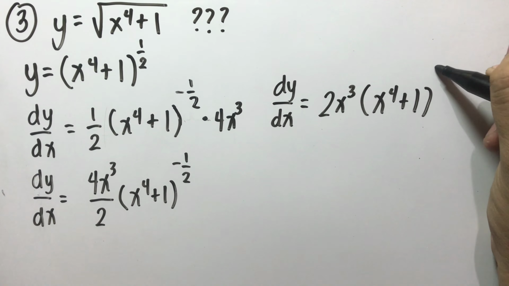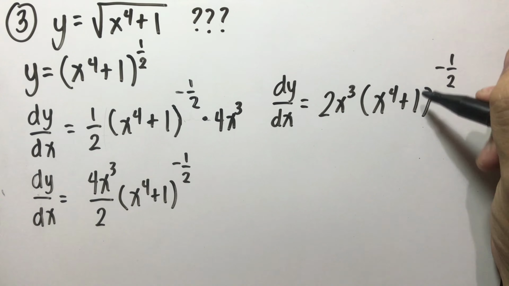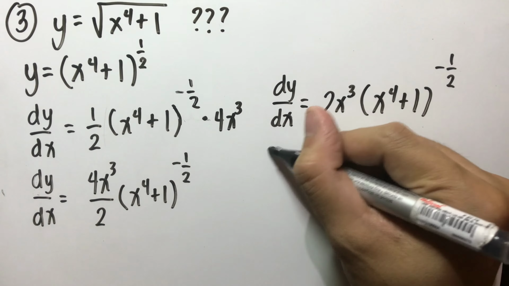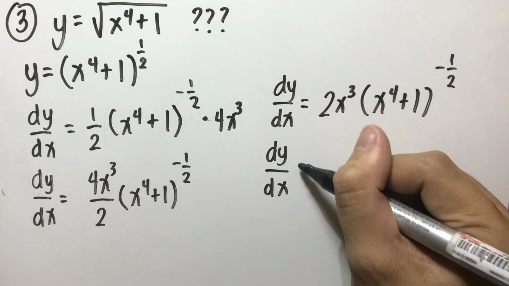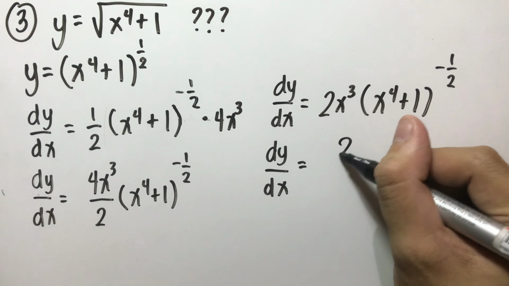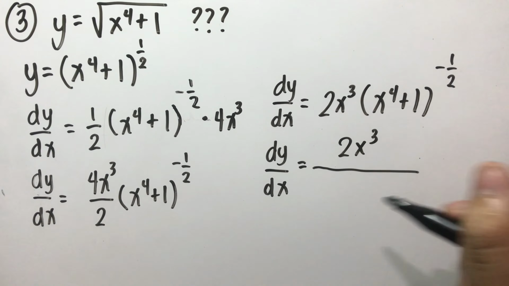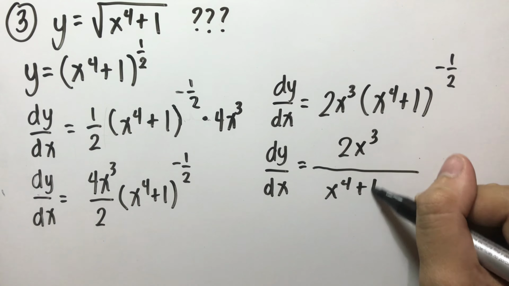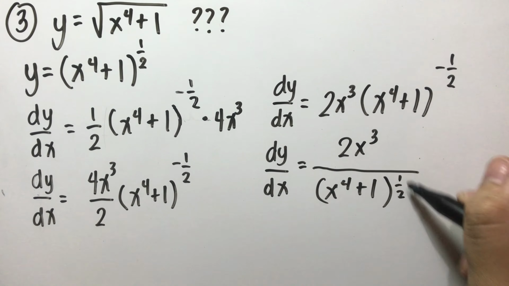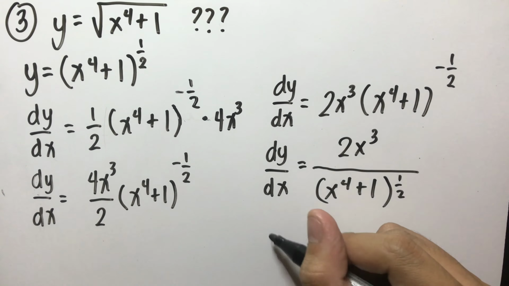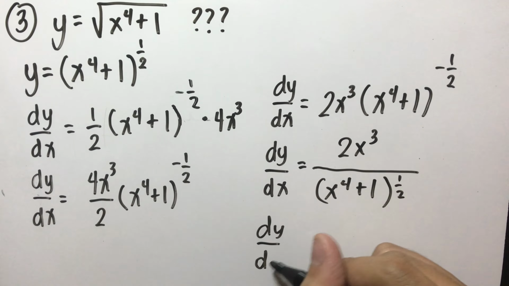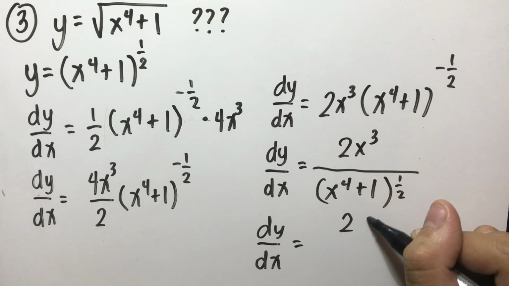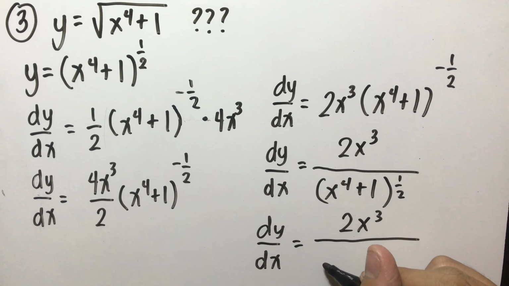And we can express this as a positive exponent. It will be dy over dx is equal to 2x cubed all over the quantity x raised to 4 plus 1 raised to 1 half. And we can express this in radicals, and the final answer will be dy over dx is equal to 2x cubed all over the square root of x raised to 4 plus 1.